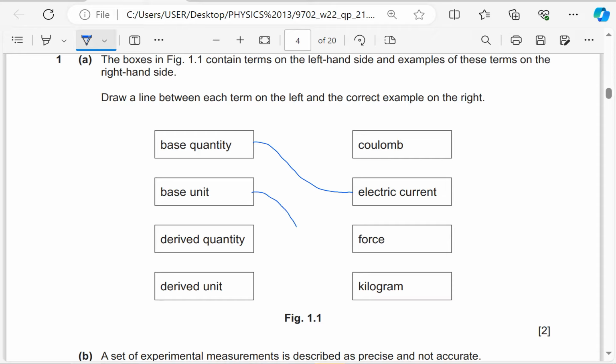The base unit we have here is kilogram, which is the base unit for mass. Then derived unit: the Coulomb is a unit for charge, which is current times time, ampere seconds, so the Coulomb is the derived unit. Then force is going to be a derived quantity.